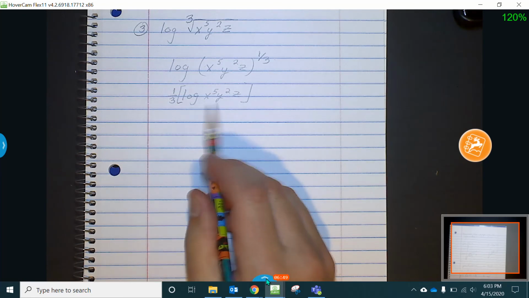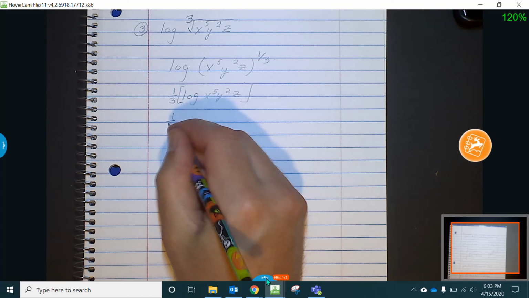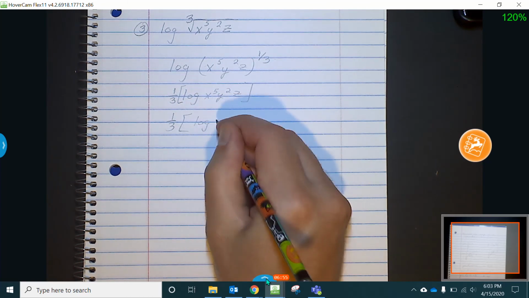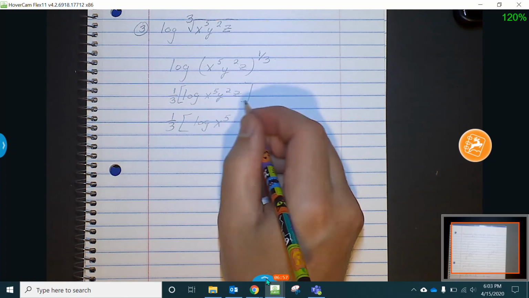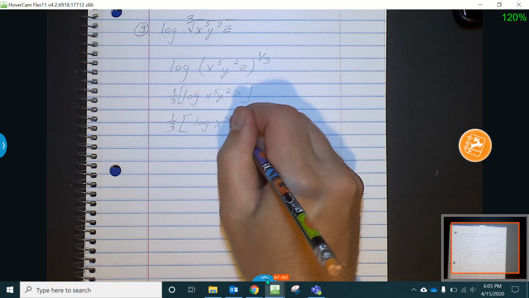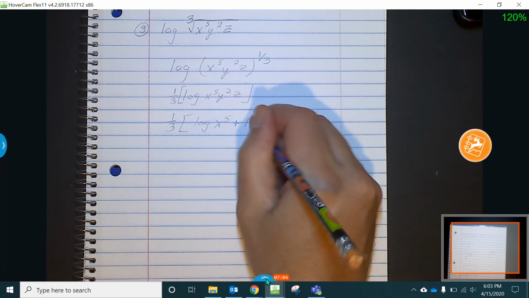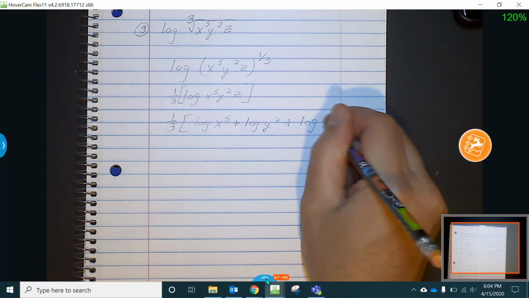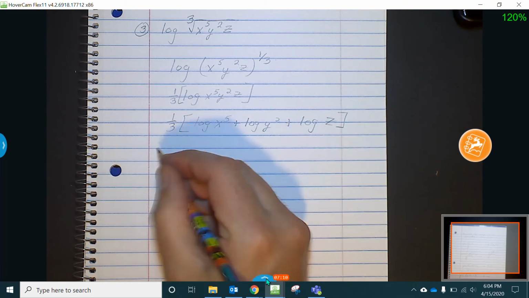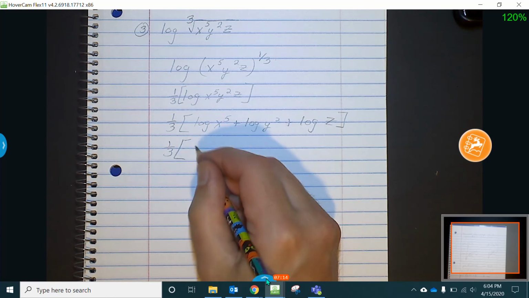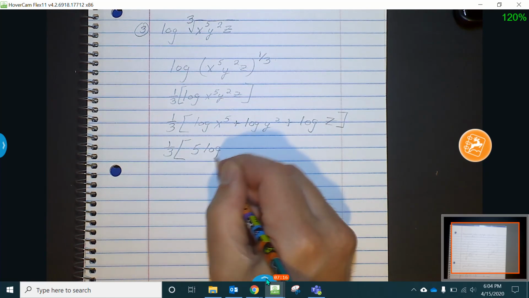Now we gotta break these apart. So leave that 1/3 there. We're gonna go log x to the fifth. They're all on top, so they should get addition signs. Plus log y squared plus log z. So we get 1/3. Bring down that 5 in front.